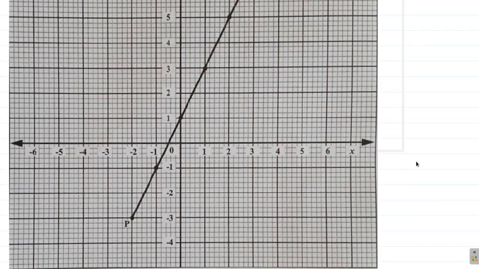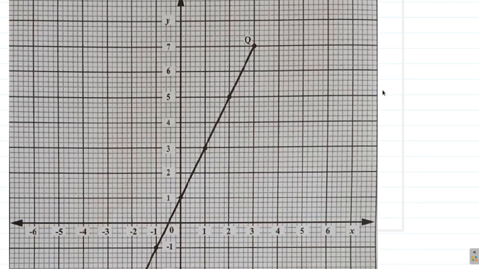Now, there's a certain formula you could use. It says y2 minus y1 over x2 minus x1 is the gradient. Y is the vertical, it goes up and down, that's the rise. Over x goes left and right, that's the run.